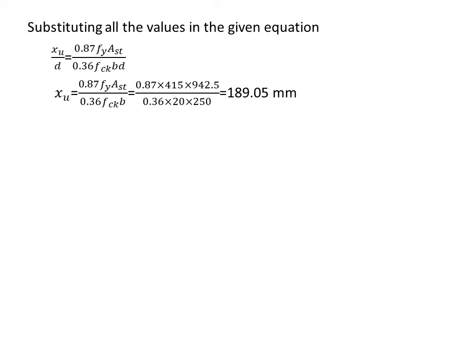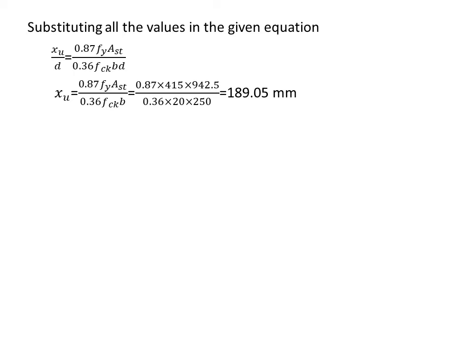Now we have to find the maximum neutral axis depth, since we have to check the type of section used here. The condition to be fulfilled to find the section: since moment of resistance is not required here, we just have to check the first condition, that is the three cases with XU and XU limit, where XU limit is the maximum neutral axis depth.